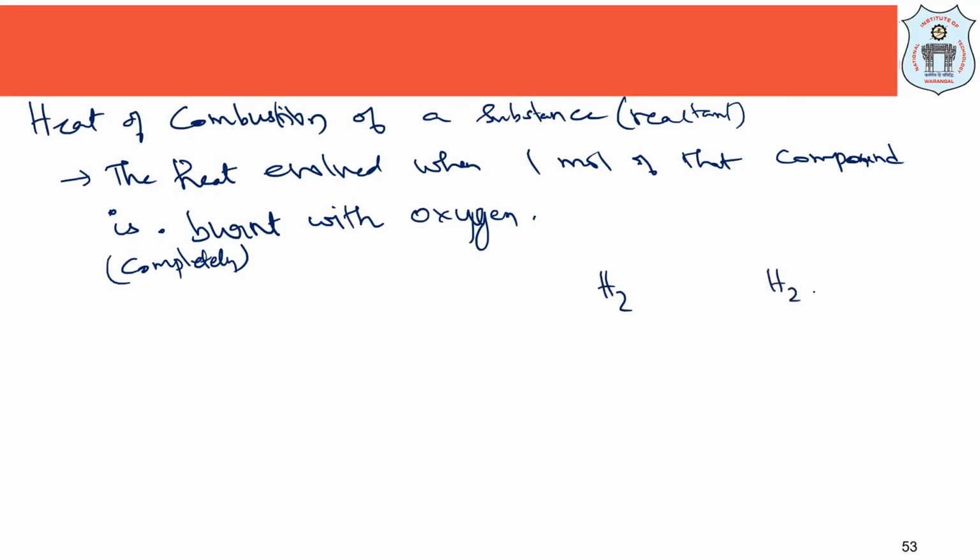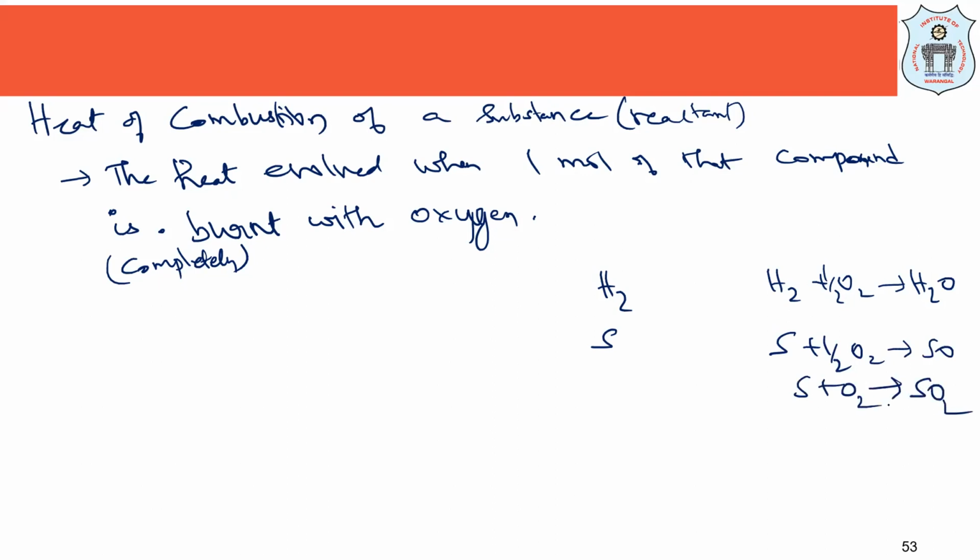Hydrogen can be combusted, right? H2 plus 1/2 O2 giving H2O is again a combustion reaction if it is combusted. Okay, so you can say heat of combustion of sulfur, S plus 1/2 O2 gives SO, or S plus O2 gives SO2. Okay, so for example, for this reaction, what is your delta H of combustion?